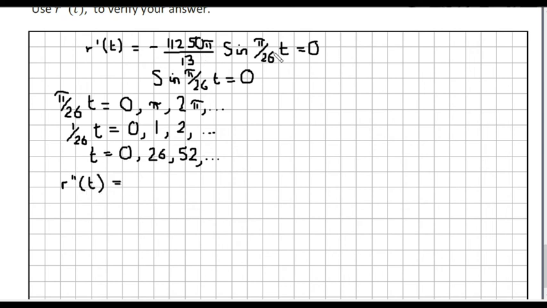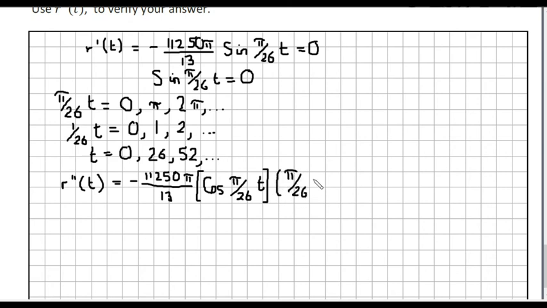The constant stays there. If you differentiate sine of anything, you get cos of the same thing, multiplied by the derivative of the angle, which is pi over 26.